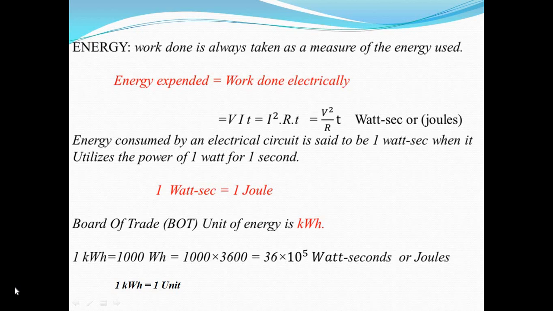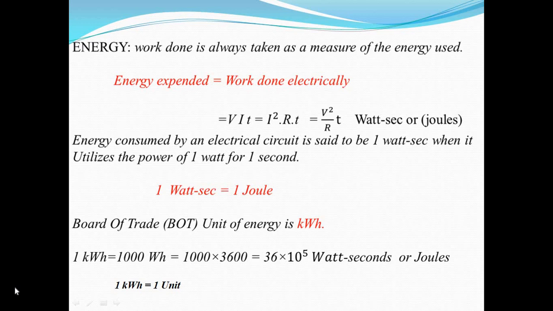Now the commercial unit of electrical energy, which is also known as Board of Trade unit, is kilowatt hour. Now we are converting this kilowatt hour into joules because every time we are expressing energy in terms of joules. For conversion, first we use that 1 joule is equal to 1 watt second.